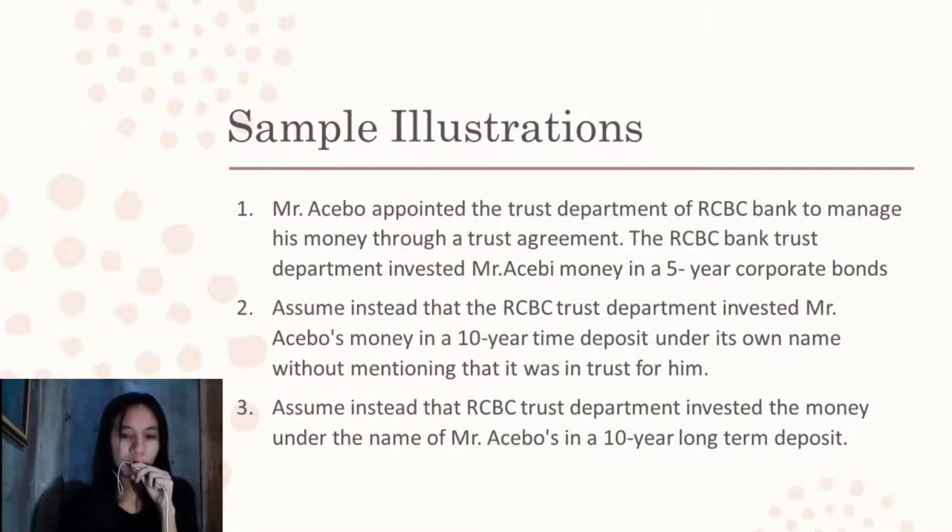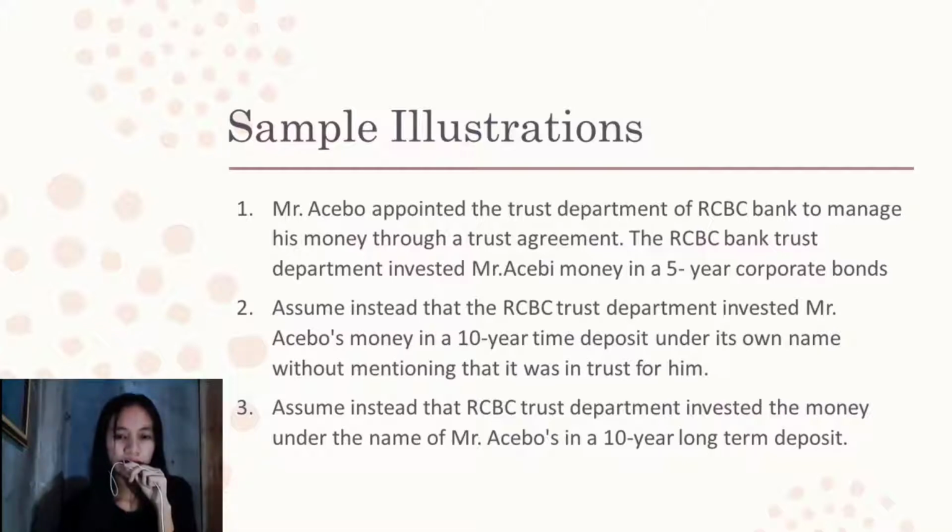We have here illustration 1 to 3 from the book to further understand. So illustration 1, Mr. Acebo appointed the trust department of RCBC Bank to manage his money through a trust agreement. The RCBC Bank Trust Department invested Mr. Acebo's money in 5-year corporate bonds.